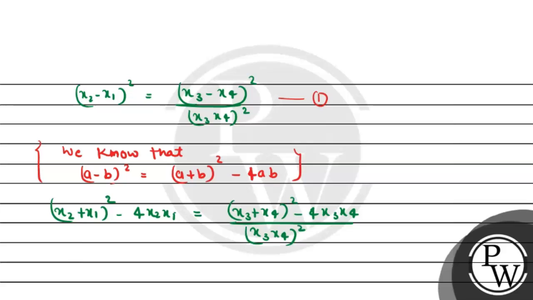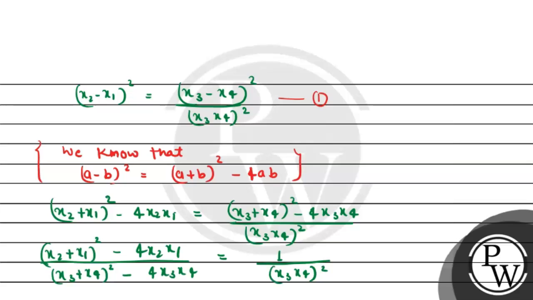Now let's solve this equation. Then we have (x2 plus x1) whole square minus 4 x2 x1 upon (x3 plus x4) whole square minus 4 times x3 x4 is equal to 1 upon (x3 x4) whole square.